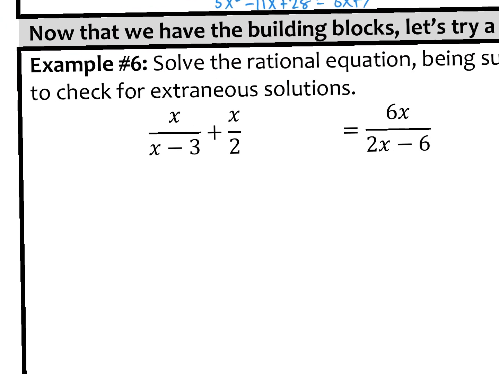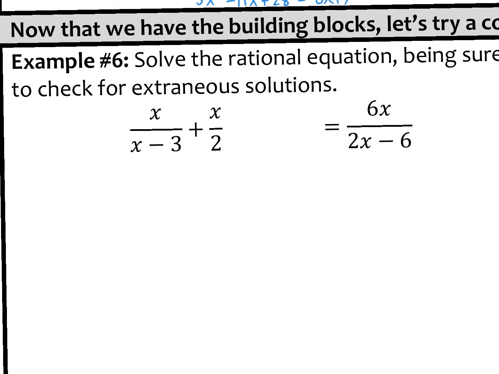All right, so if I'm looking here at example number 6, I'm going to go ahead and go through the process of solving. So I'm going to multiply the term on the left times 2 and 2. The term on the right of the left side of the equation, I'm going to times x minus 3 and x minus 3.